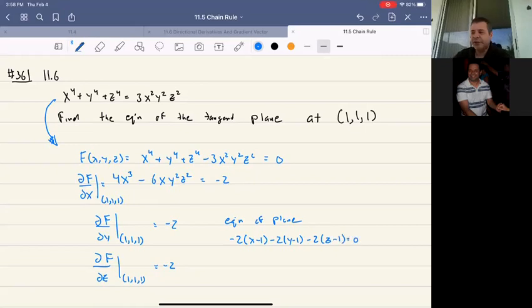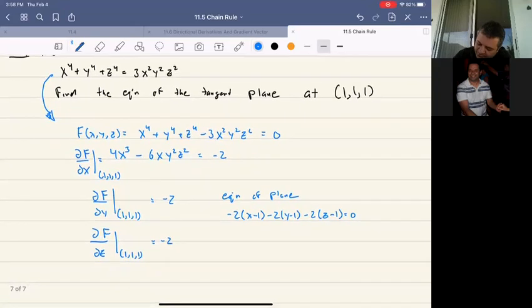Okay. So what's that going to be? Let me divide by negative 2. So I'm going to get x plus y plus z equals, I think it's 3. That 1's going to move over.